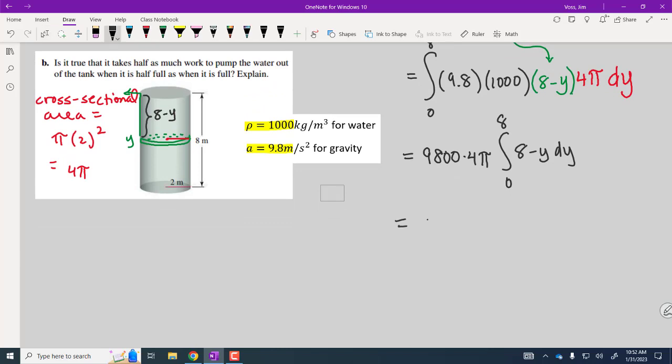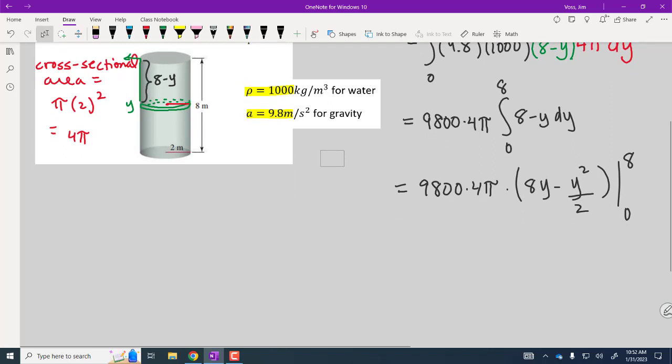OK, so I'm going to just leave this as multiplication for a second. Maybe we'll get some cancellation. It goes 8y minus y squared divided by 2, 0 to 8. So plugging in the 8, looks like 64 minus 32. So that's 32.